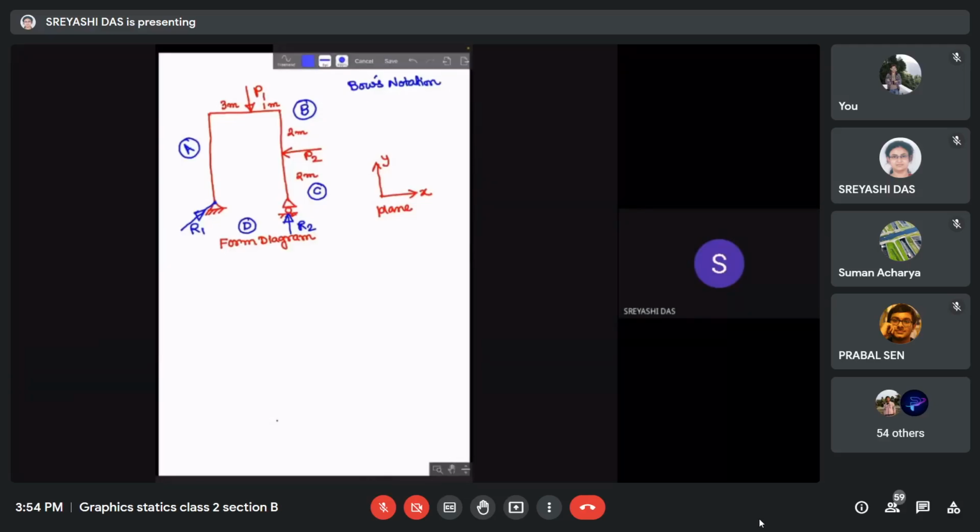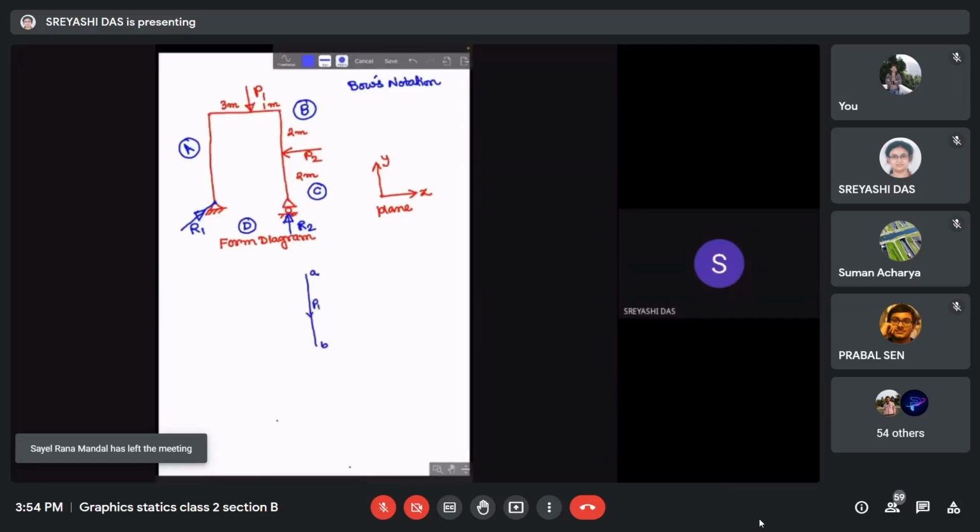First, we will draw the AB force. In the force polygon, let the names be given in small case. This is a, this is b, so this measurement will be P1.